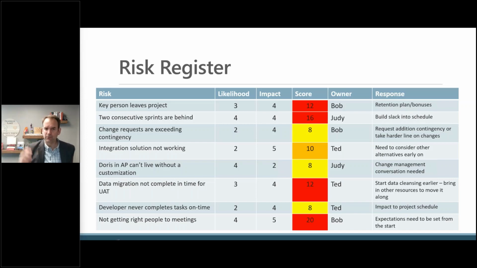So something with a low likelihood and low impact, you're not as worried about. Something with a high likelihood and high impact should be something you're thinking about all the time. And then you just multiply those numbers together, and if it's 10 or higher, it should be something that you're worried about. And then you identify owners of each of those risks, and what are things that you can do to mitigate that risk.